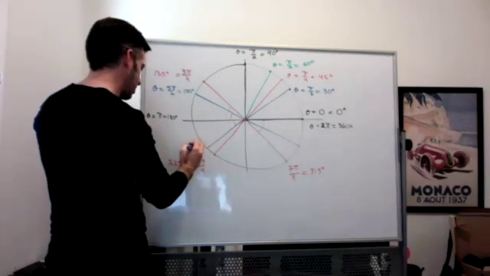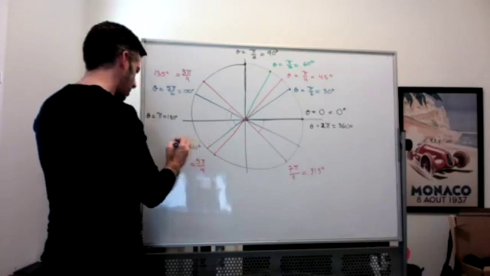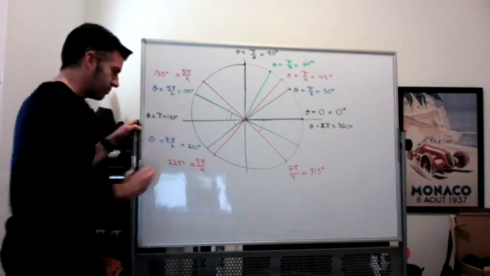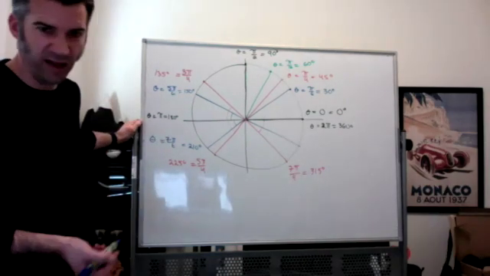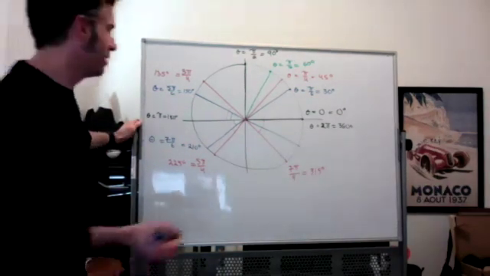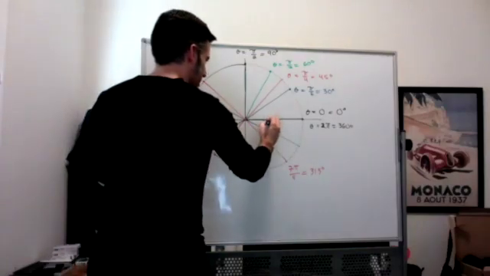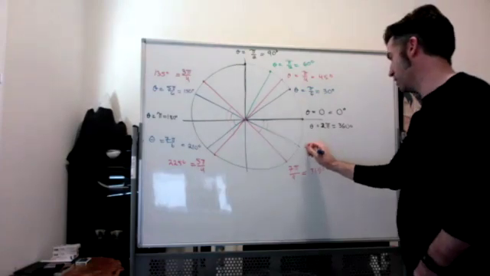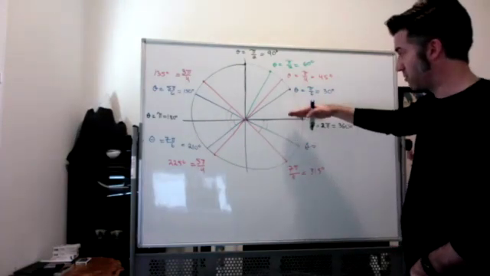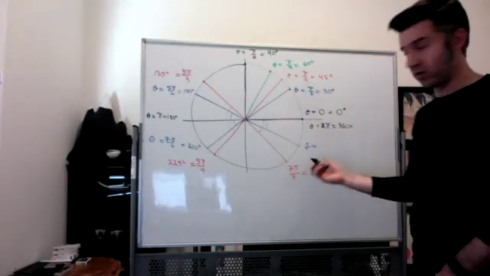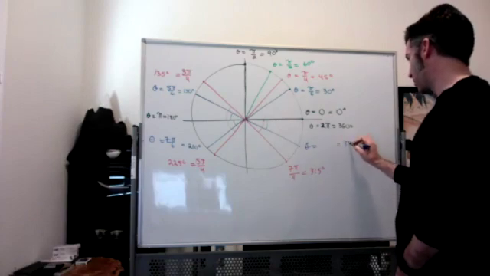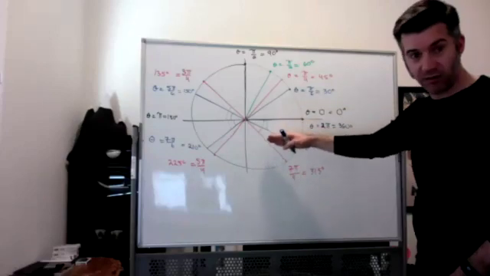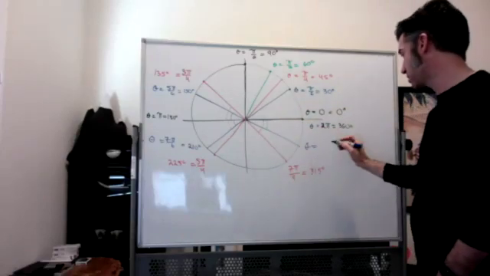So this angle is 210 degrees, which is 7 pi over 6 radians. I didn't draw that one very well, but such is life. This angle is also 30 degrees away from the x-axis. 360 degrees minus 30 degrees is 330 degrees, or 2 pi minus pi over 6, which is 11 pi over 6.